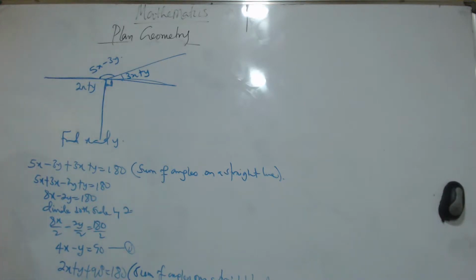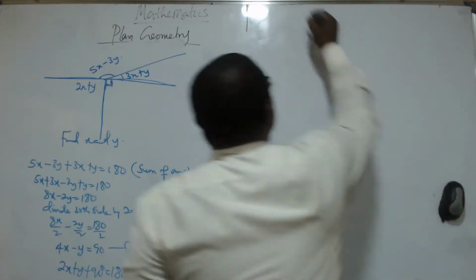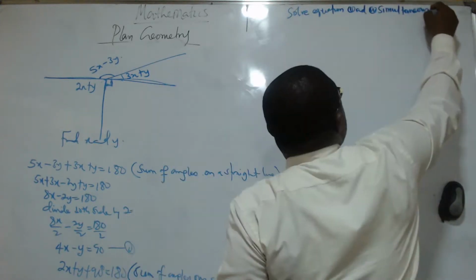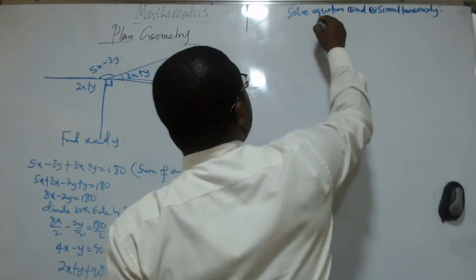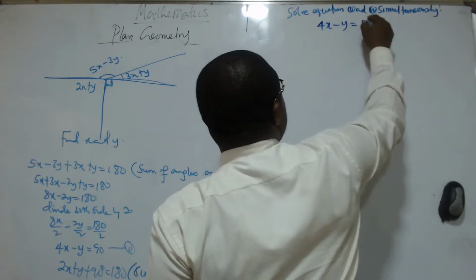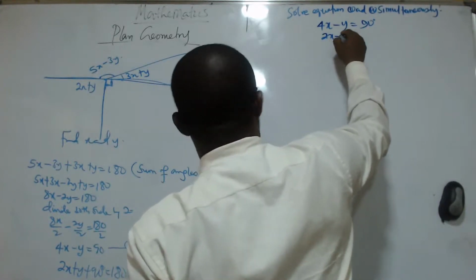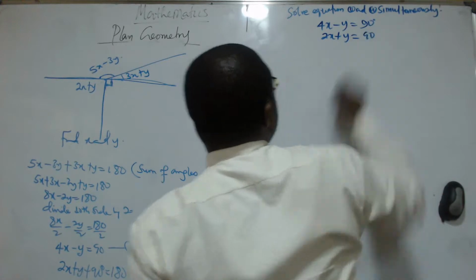So now we solve simultaneously. Our equation 1 is 4x minus y equals 90. Then we have 2x plus y equals 90.